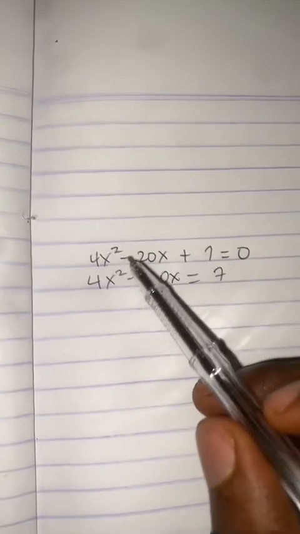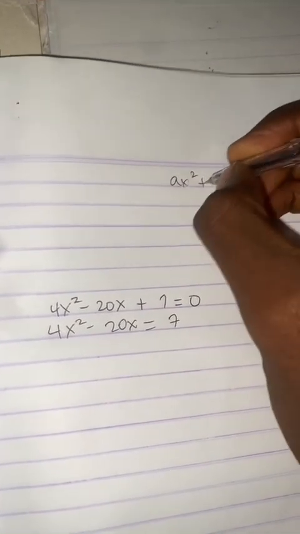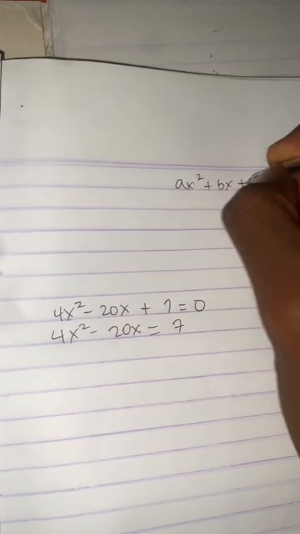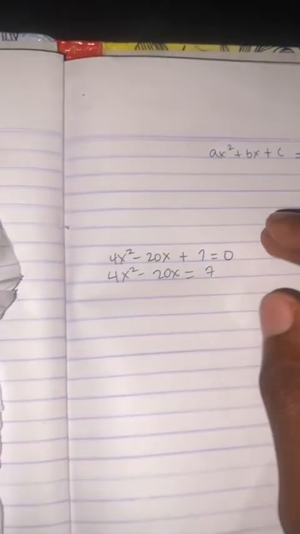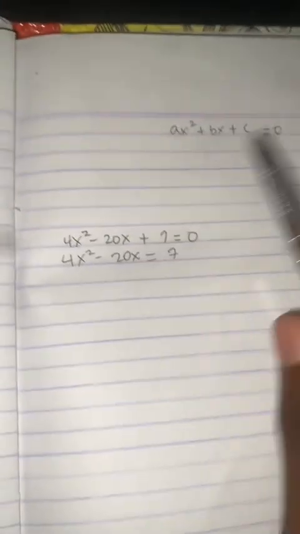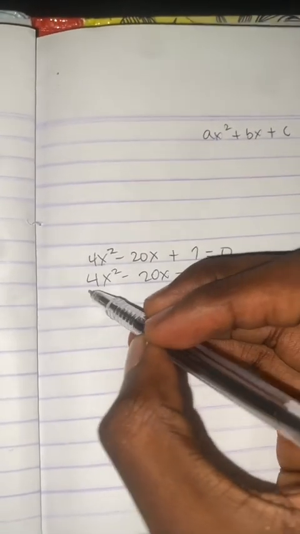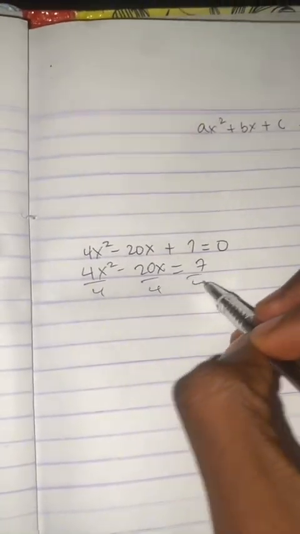Now, the next step is to divide, from the formula, ax squared plus bx plus c is equals to 0, okay? Now, the next part, remember, we're going to divide every term by 4, just very quickly.